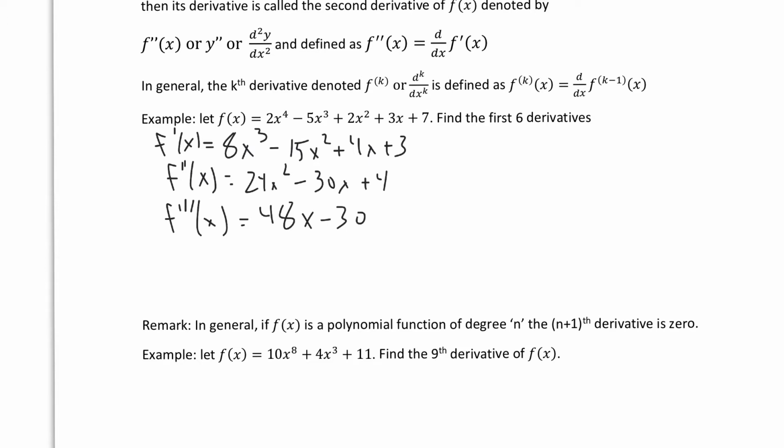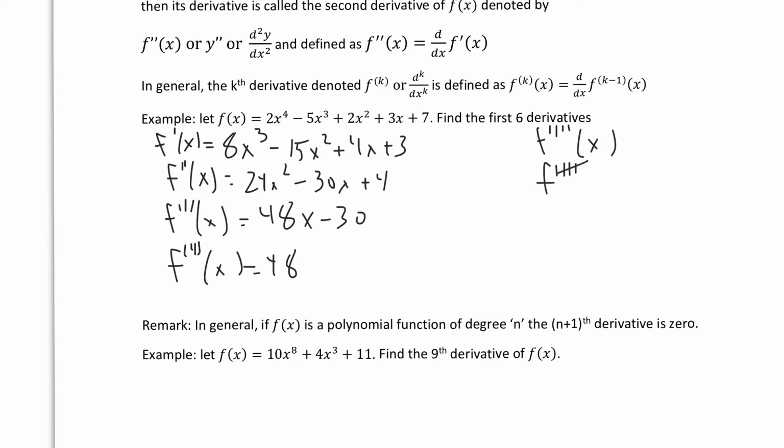We could find, well, really, you could find f to the 4, like the 4th derivative, but it starts to look a little silly with the tally marks. We usually will now put the 4 in little brackets for the 4th derivative, which would be 48. Because if you're going to write f prime, prime, prime, prime, it just starts to look silly. It's almost like tally marks.